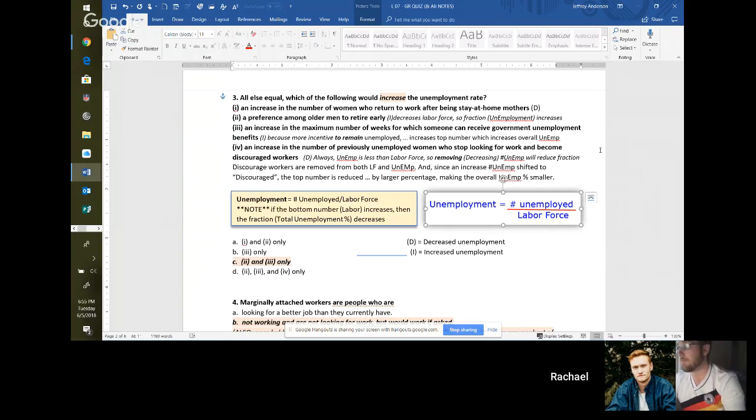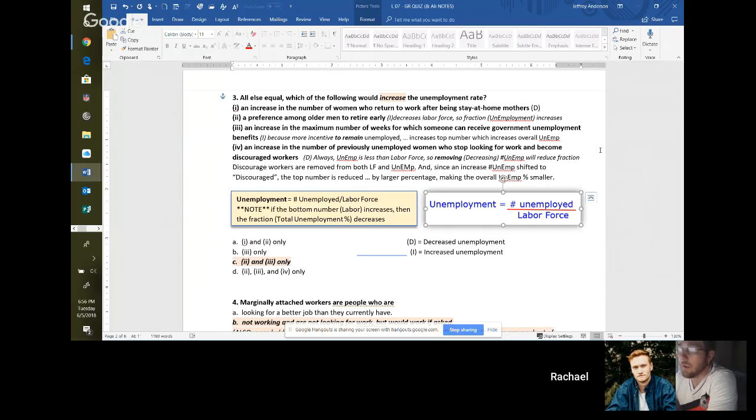Okay. Yeah, that makes sense. So, she just said that the denominator, the bottom number, is always going to be larger than, wait a second, let me see. No, she said if the bottom number or the labor force increases, then it's going to have an opposite effect. Then the fraction itself will decrease.